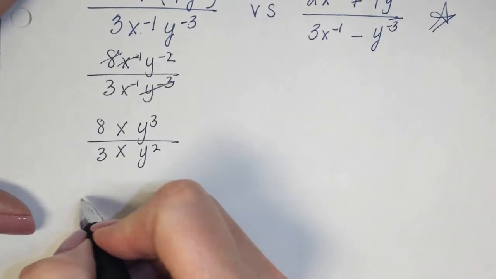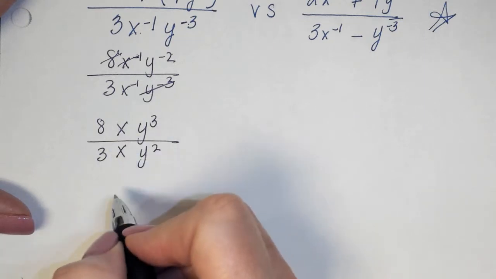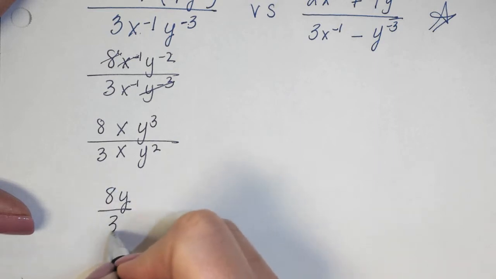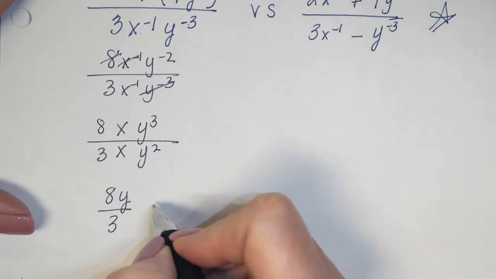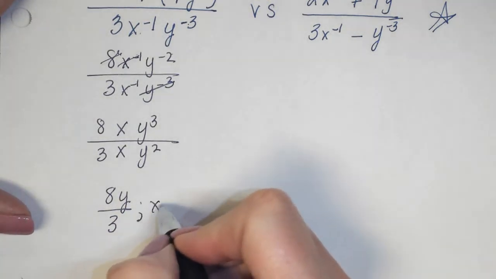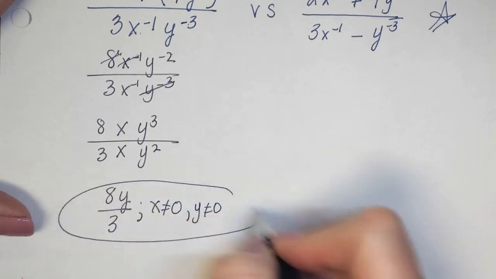How would this all simplify then? What's the answer if I simplify this? 8y over 3. However, what is the restriction? X cannot equal 0 and y cannot equal 0.